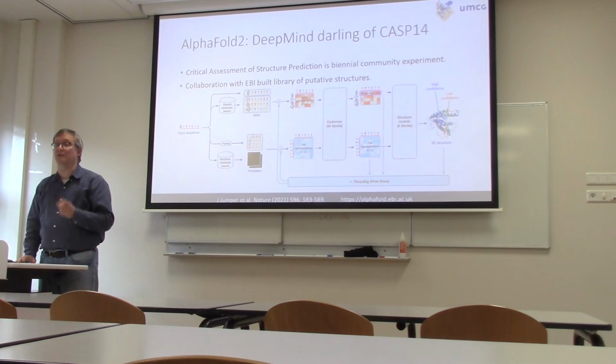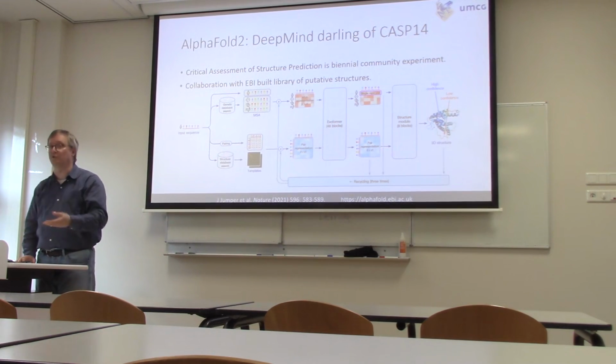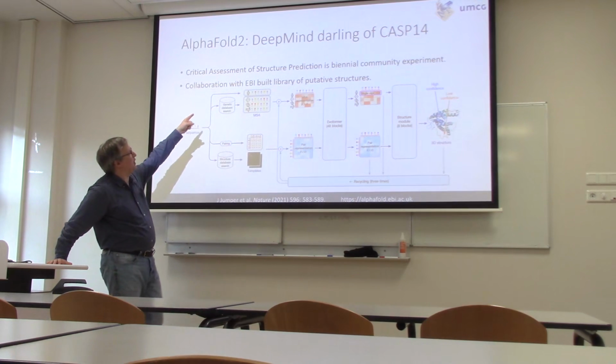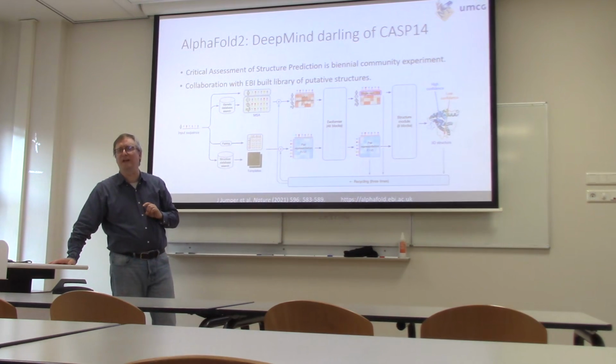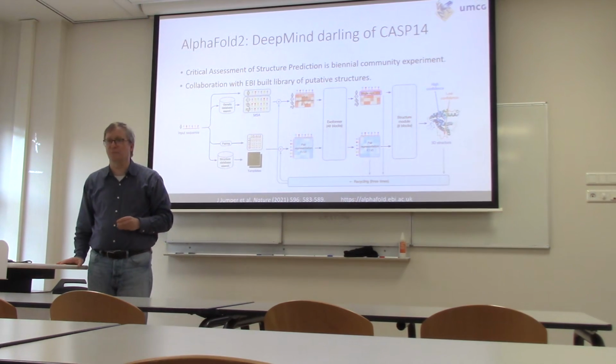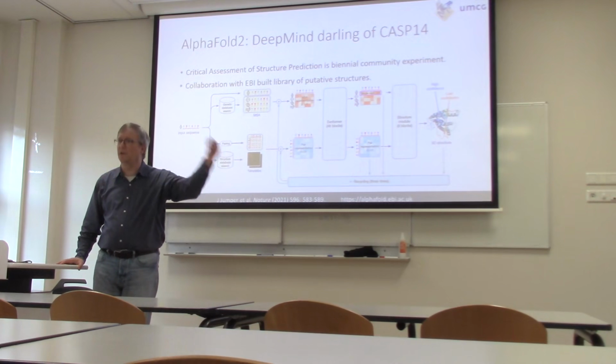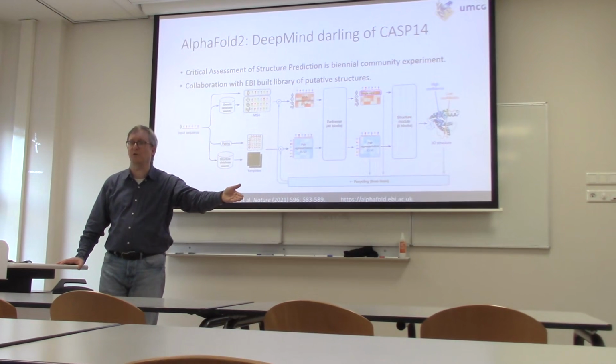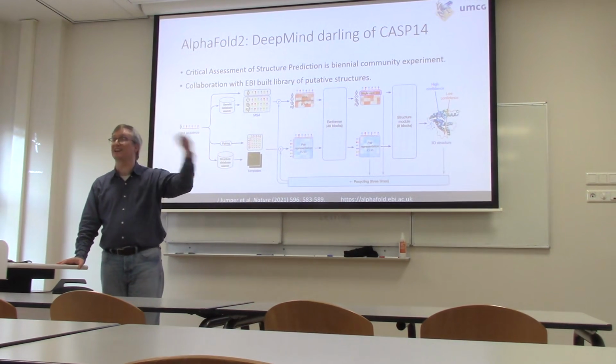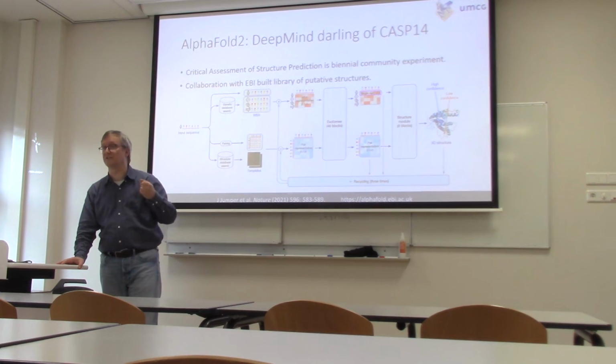But I would also say that one of the very, very valuable things that AlphaFold did, that AlphaFold's been used for, is that they partnered with the European Bioinformatics Institute. And essentially every sequence in UniProt was subjected to the AlphaFold 2 network to create a predicted structure for that sequence.